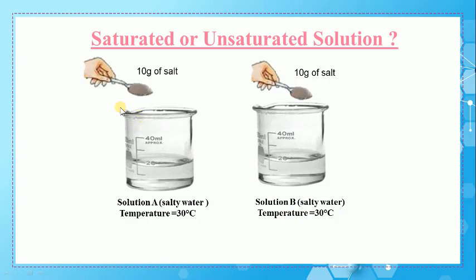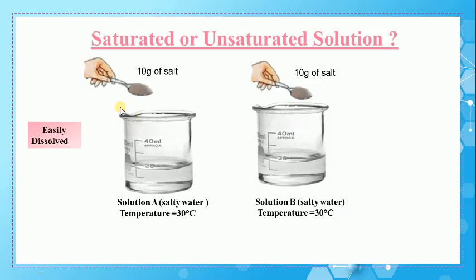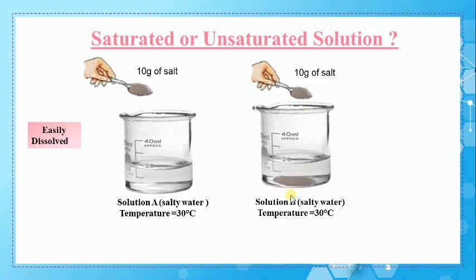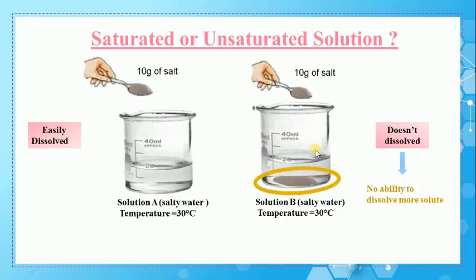In solution A, the 10 grams of salt are easily dissolved. Why? In solution B, the 10 grams of salt do not dissolve, which means that water has no ability to dissolve this extra amount of salt. So, no ability to dissolve more solute. So, which solution is saturated and which one is unsaturated?